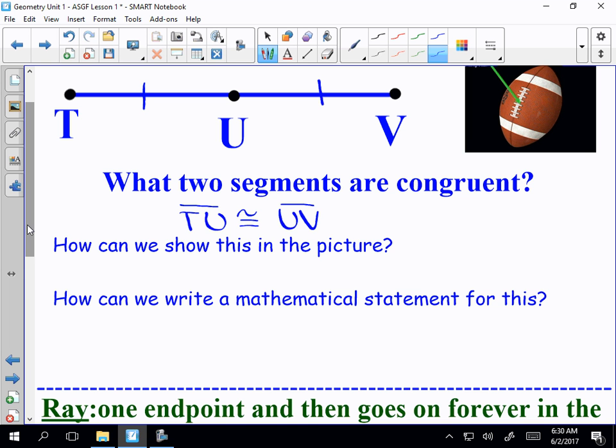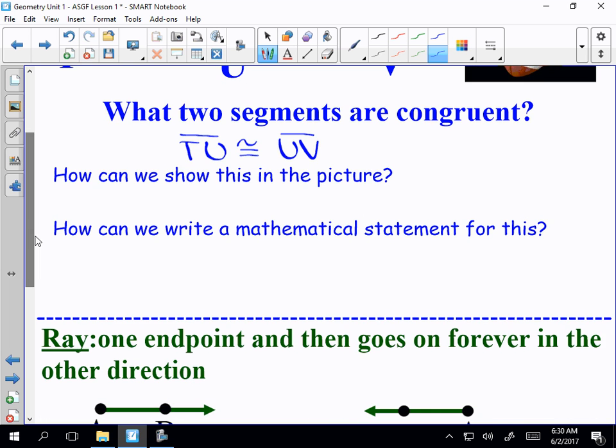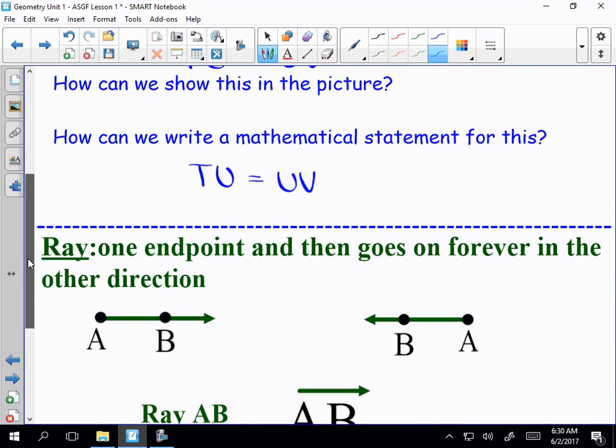Now, if we want to talk about the length of the segments, then we would take the notation off of the TU and we would say the length TU equals the length UV. So we have to make sure that we're dealing with the notation properly, being careful with those small pieces.